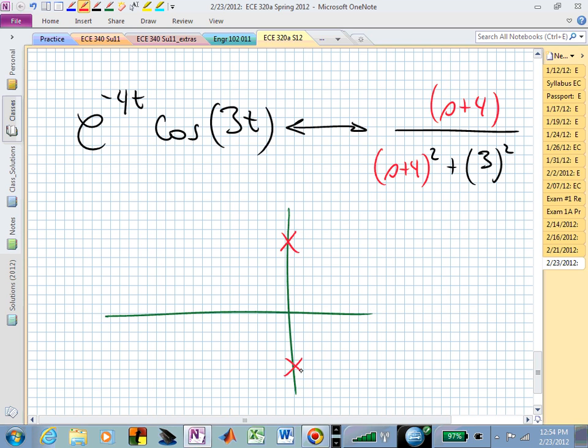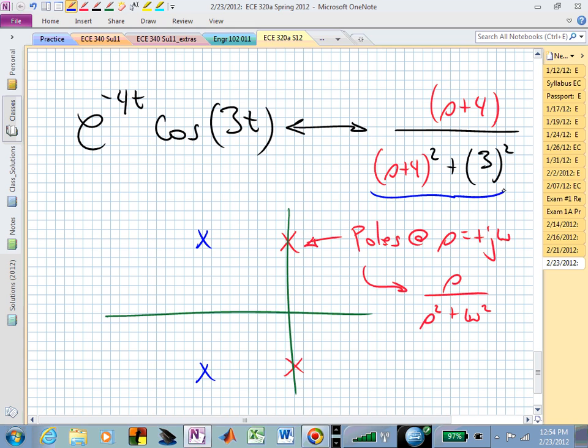But this would be, and that corresponds to this s over s squared plus omega squared. The other poles, these guys, now give us poles at minus 4 plus and minus j3.